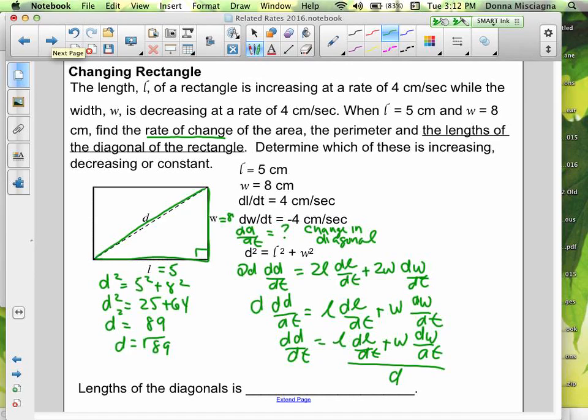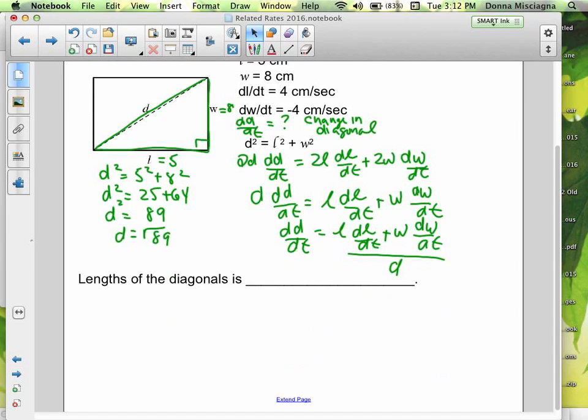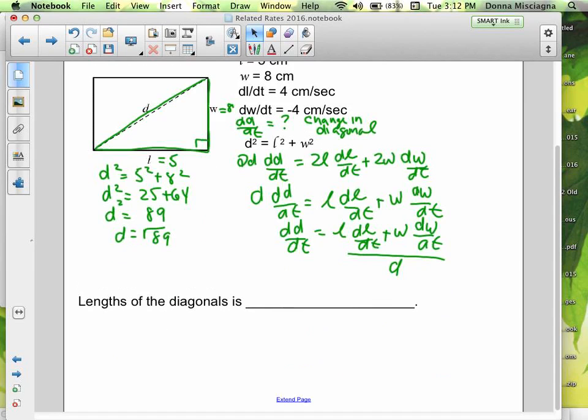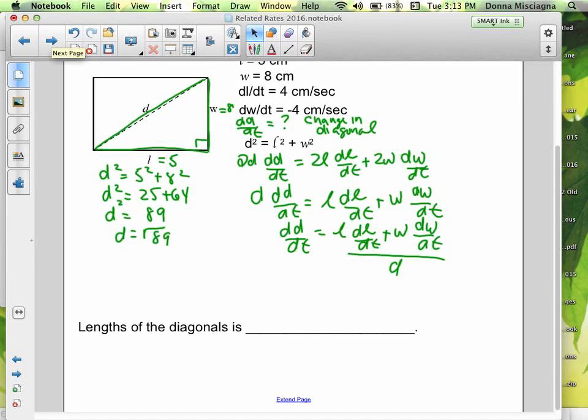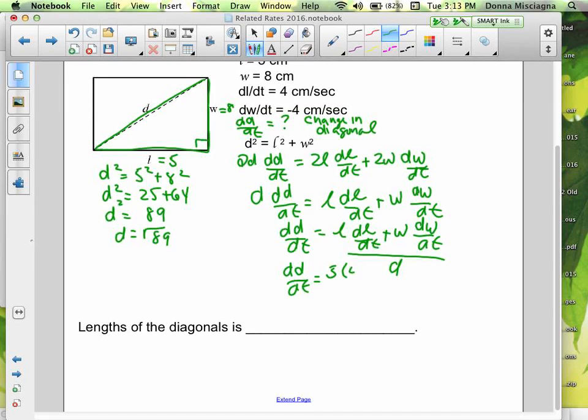Okay? All right, so now we just got to plug in here. Oops, I don't have enough space. I almost pulled my microphone out. Need to get a little more space. There we go. I'll move this down a little bit. All right, so dD/dt is length, if you can see it up there, is 5. So we have 5. dL/dt is 4.